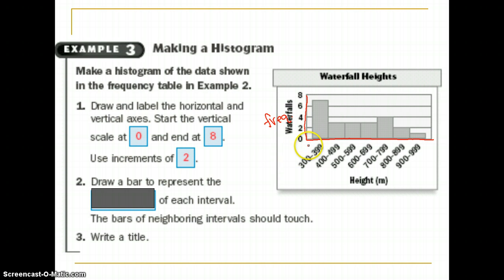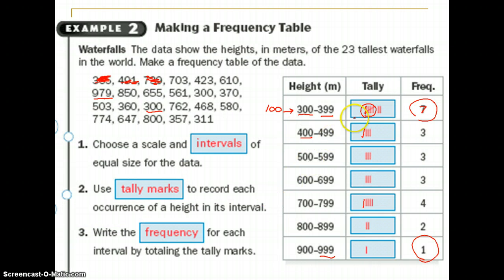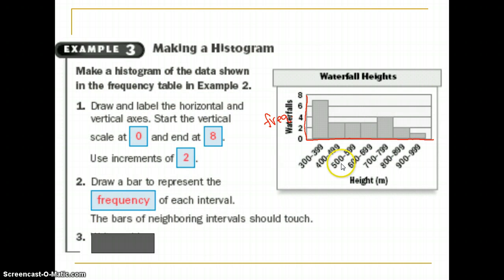We're going to draw a bar to represent each of the frequencies of the intervals. So going back to example 2, 300 to 399 was 7. 7 waterfalls were in there. So you can see we make a bar and we put it up to 7.